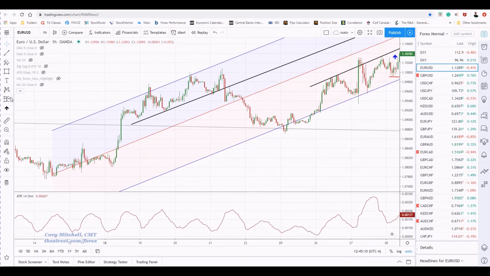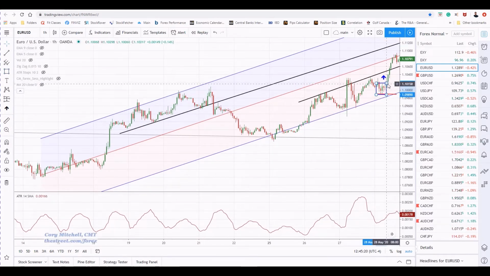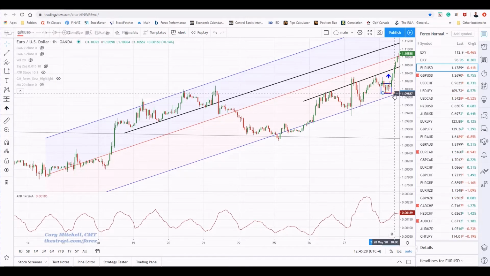Another thing that you could do is if you're entering as the price breaks out of this 4-bar consolidation, or 3 bars in this case, breaks out, keeps running. So I'm placing my stop loss there. What you can also do is look at the average true range.